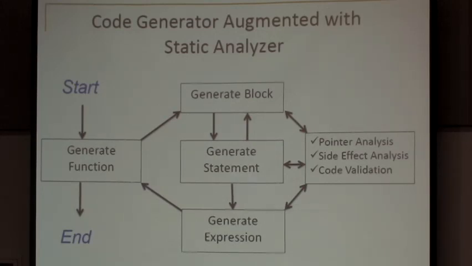On the left side is the code generation engine. On the right side is basically a static analyzer, which does three things: pointer analysis, side effect analysis, and code validation. The last thing it does is look at any piece of code generated by the engine and see if it's going to cause pointer undefined behavior or side effect undefined behaviors, and reject the code which will cause the undefined behavior.